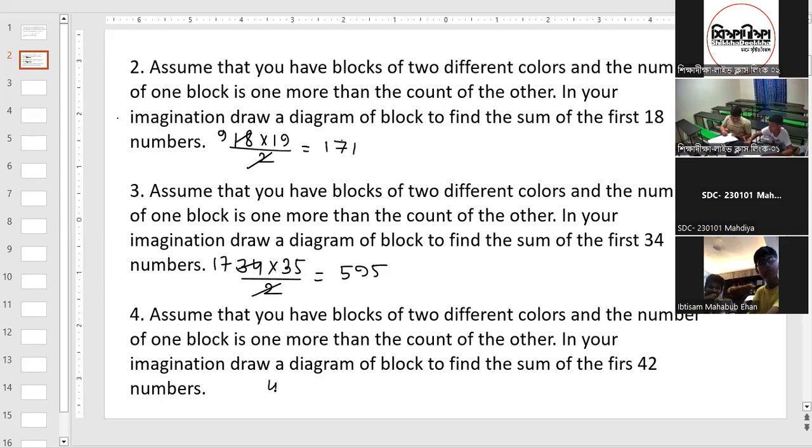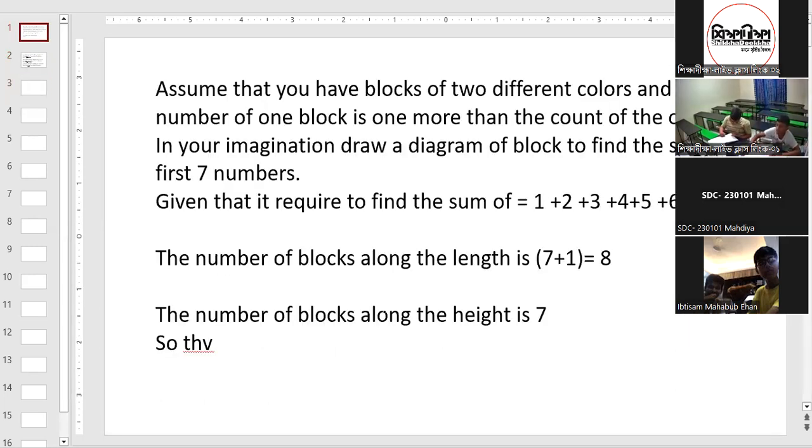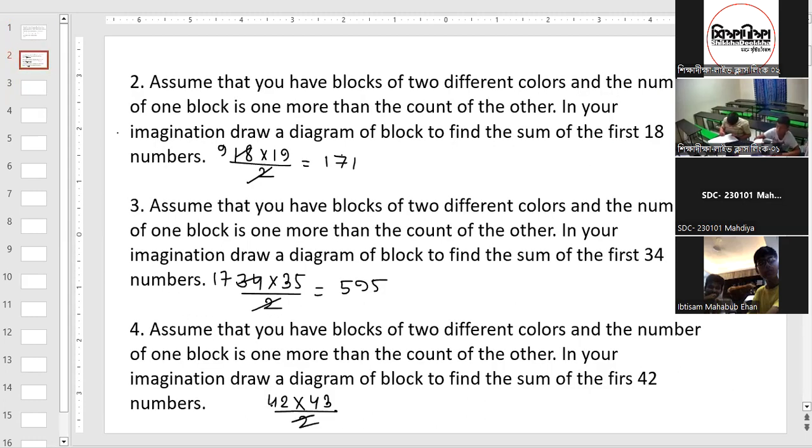And the last one is 42 multiplied by 43 divided by 2. But you must learn how to present the thing, right? Must know. So 860 plus 43, I mean 903, right? Yes, sir.